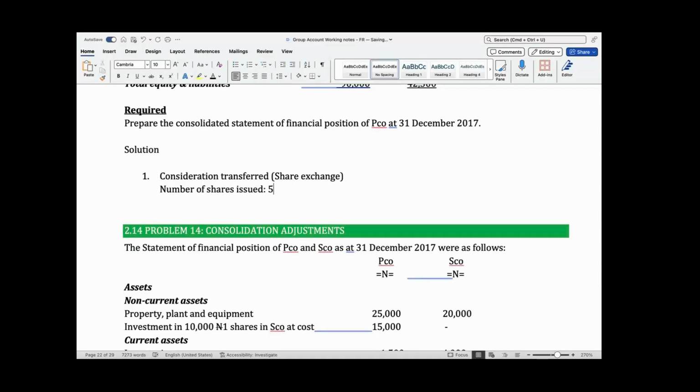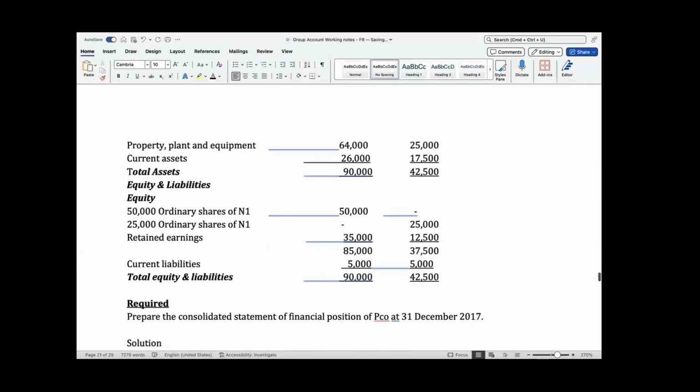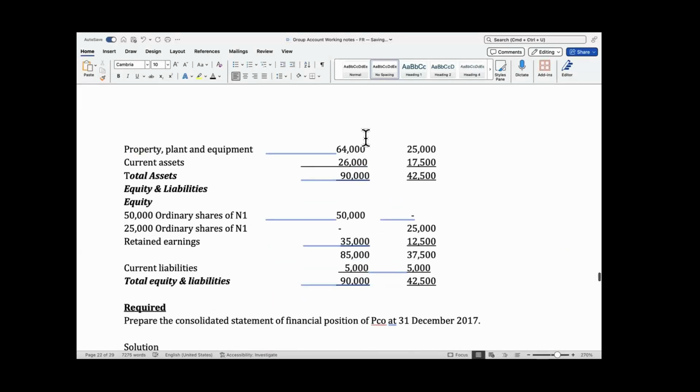So 5 over 3 multiplied by how many shares is he acquiring in ESCO? ESCO has 25,000 shares. If the examiner gives you this 1 naira as 50 kobo, that means this becomes 50,000 shares, because 50,000 times 0.5 gives you 25,000.